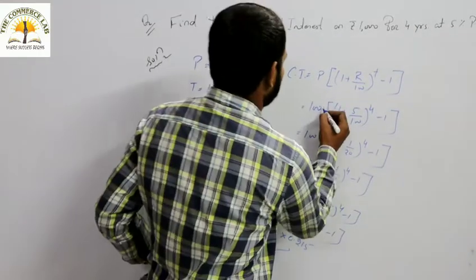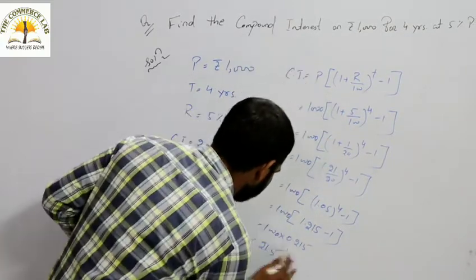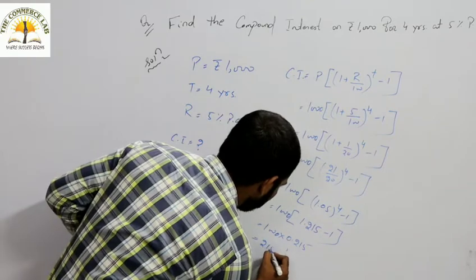P is your 1000, so this will be your 215 rupees.